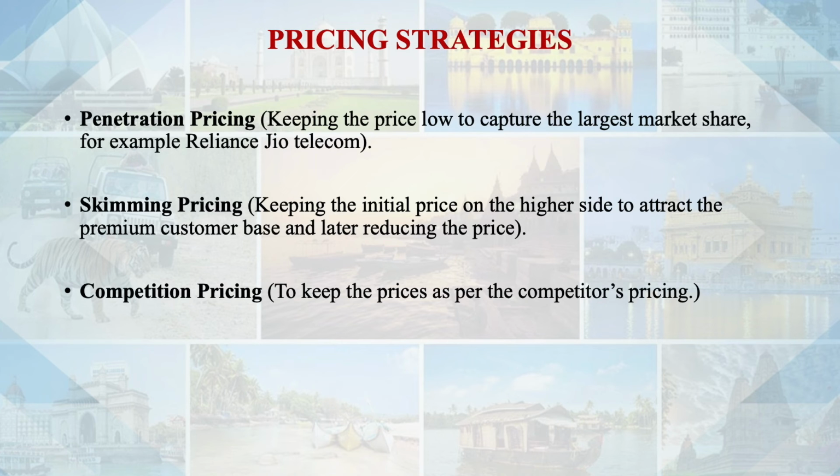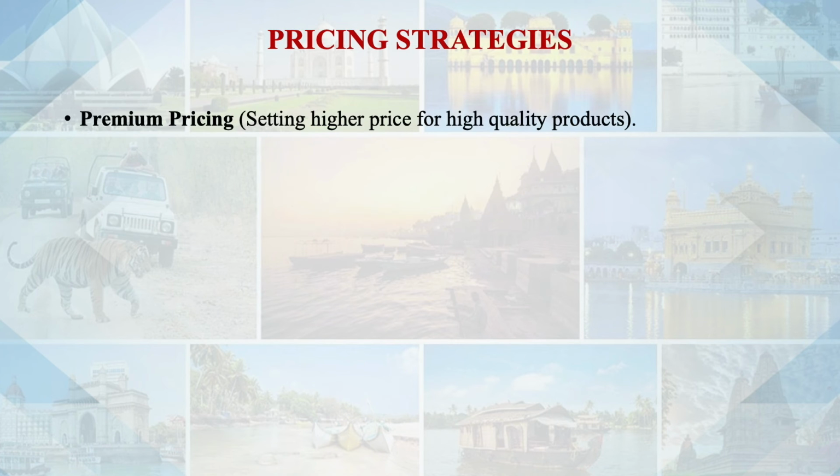Means the pricing is fixed on the basis of the competitor's price. If he is setting a high price, we will also set a high price. If he is setting a lower price, then we will also set the price at a lower level. Then there comes the premium pricing. The example is Apple iPhones, we all know. So they are always placed at a higher price. That is basically the premium pricing.